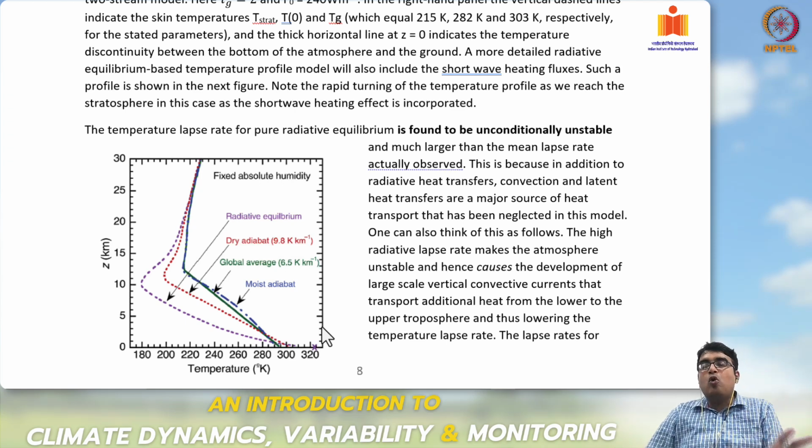So local radiative equilibrium based lapse rates can also be evaluated, and if you do a radiative convective equilibrium for a specific region of the earth for a specific period of time, the corresponding vertical temperature gradient can also be deduced from these models. So a more sophisticated climate model will include radiative equilibrium, radiative convective equilibrium and latent heat effects in evaluating the vertical profile of the temperature in a certain region.